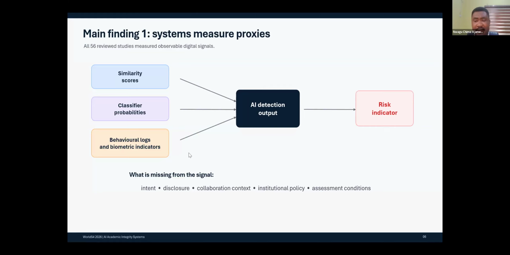These signals may be useful, but they are useful as risk indicators, because they do not directly capture things like the intent of the student or user, disclosure, policy alignment, legitimate collaboration, or assessment conditions. These are involved in academic misconduct, but these detection systems do not capture them.